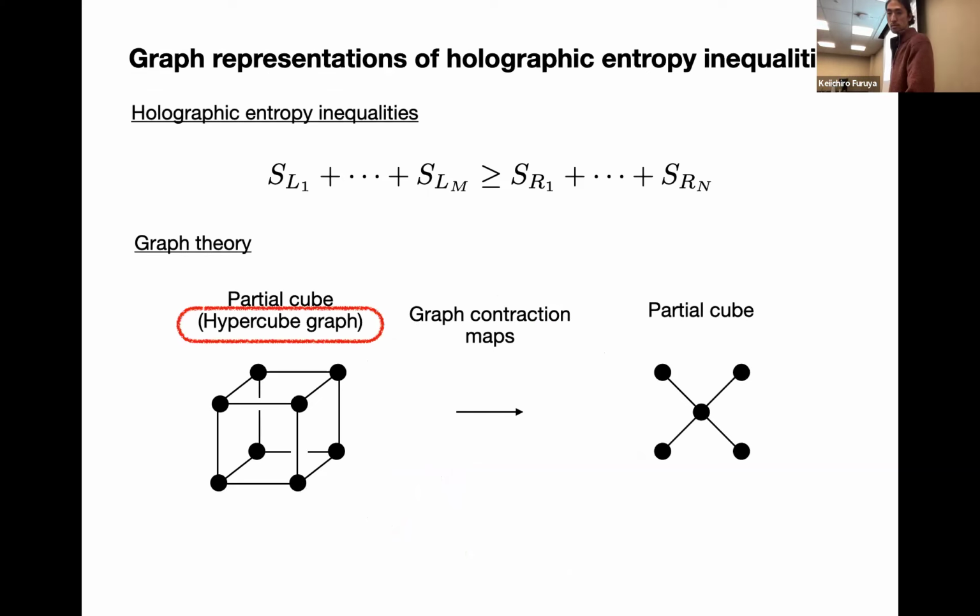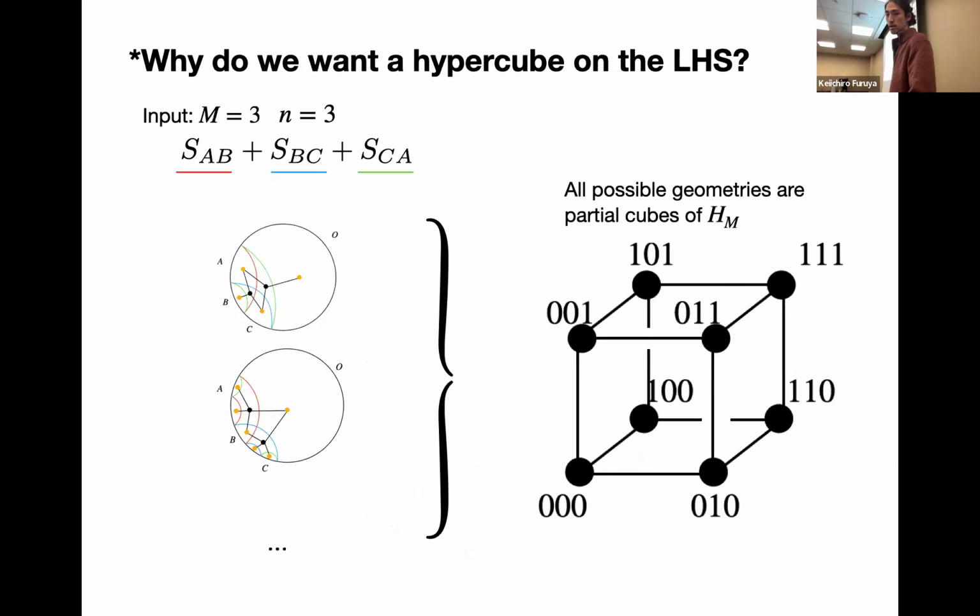One reason is that this is a convex composition with input n and small n, but this is just one instance. This convex composition can correspond to another bulk configuration, and there will be multiple other bulk configurations. So if you want to make a correspondence with this convex composition, you should have the whole hypercube so that it covers all the bulk configurations.